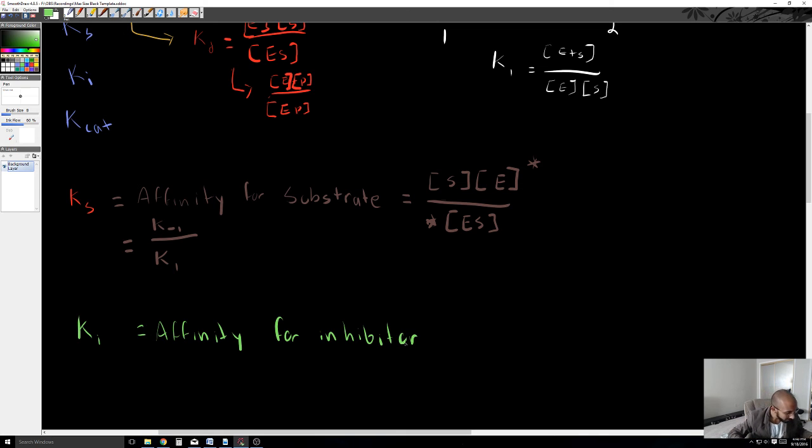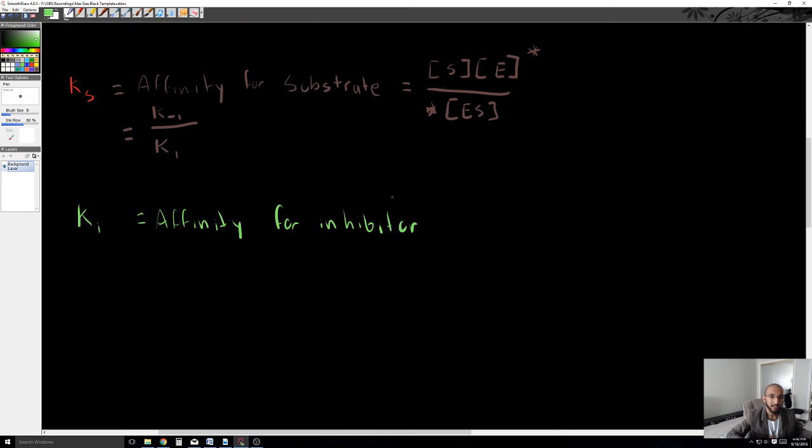So there's a lot of Ks, and there's one more I want to go over, if that's not enough, and that's the K-cat. I just want to go over that again, conceptually. K-cat, the equilibrium constant for catalysis, refers to the overall rate.